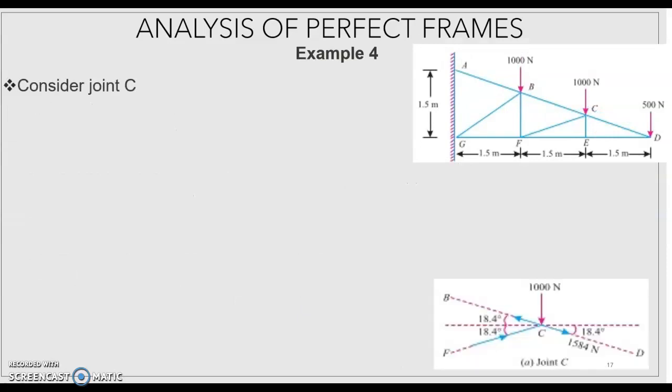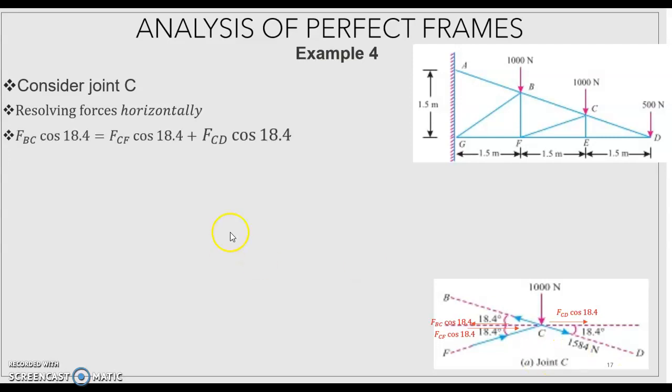Then consider joint C. Draw the free body diagram of joint C and resolve horizontally. The horizontal components of these three inclined members are FBC cos 18.4, the horizontal component of FCF, FCF cos 18.4, and the horizontal component of FCD, FCD cos 18.4.